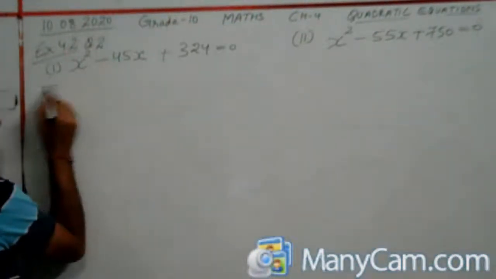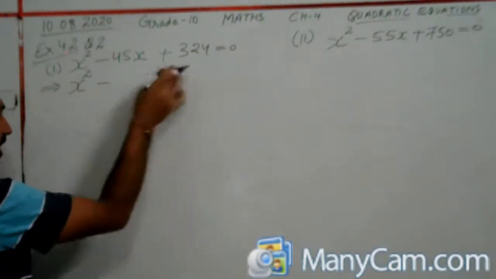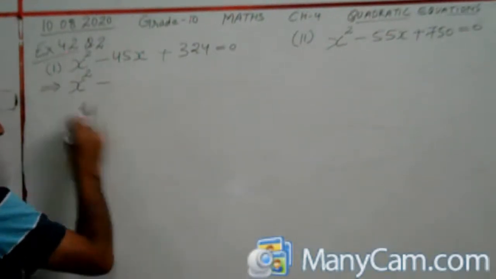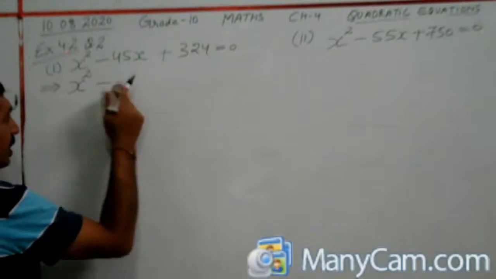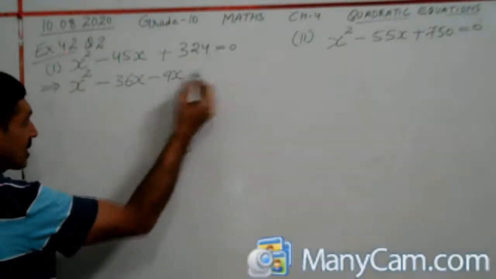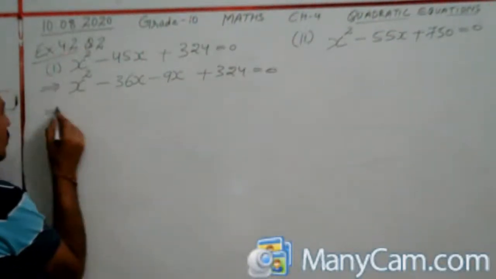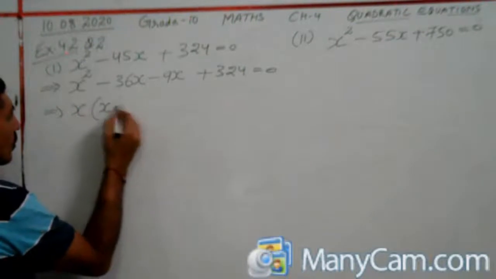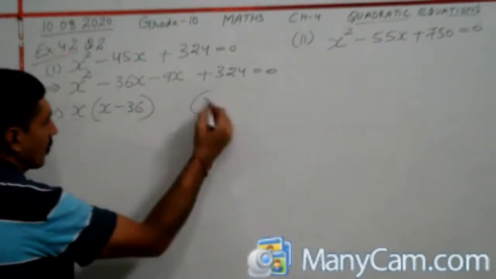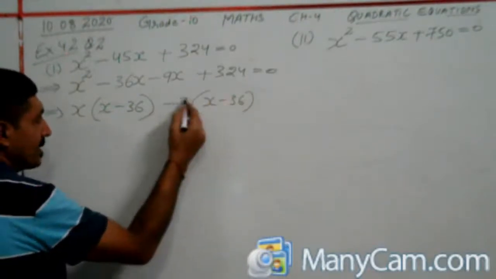We can write, this implies that x square, if you are taking 36, and it is up to you, that is 36x minus 9x, and here we have minus 9.